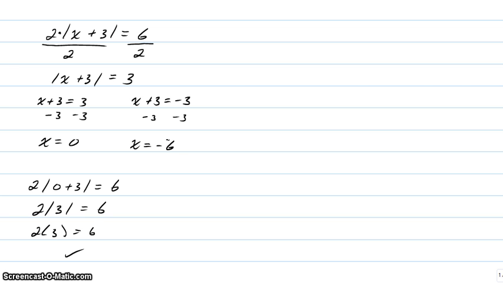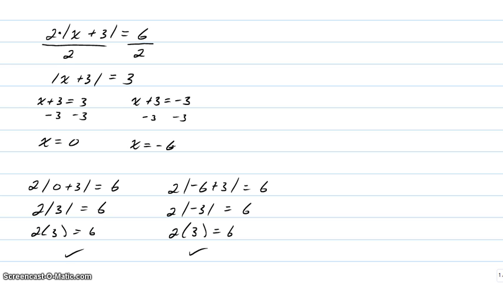If I'm going to check negative 6, I'm going to plug negative 6 in for x. 2 times the absolute value of negative 6 plus 3, which is 2 times the absolute value of negative 3. This gives me 6, and in fact, that one works as well. So I can say that both of these answers, 0 and negative 6, work.